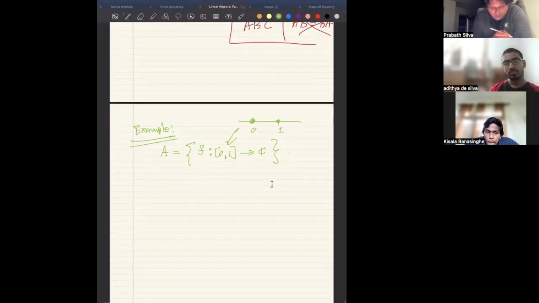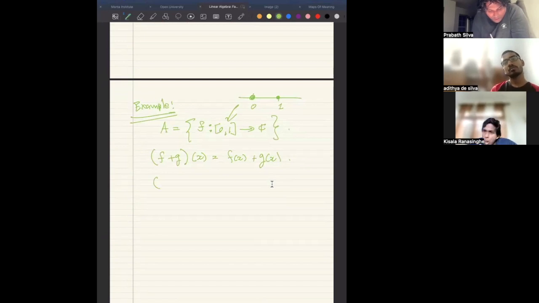Now in here we can define f plus g. We have two elements from the set A, and then we can define addition. The addition of two functions is going to be defined by this function. Then we can define the multiplication of two functions, and you define it this way.